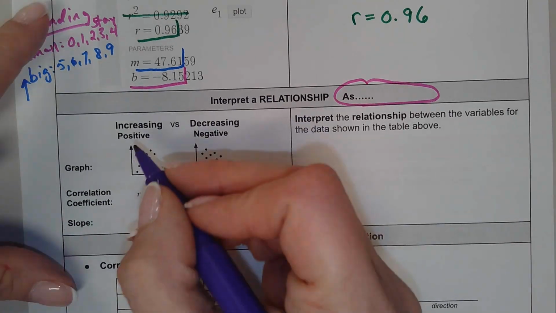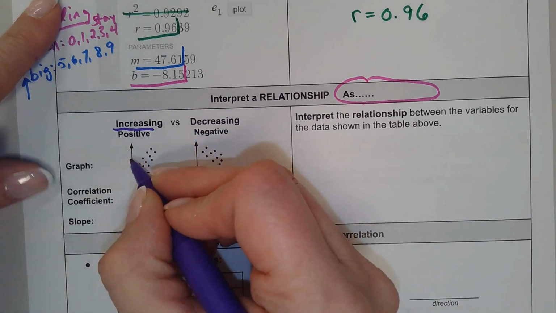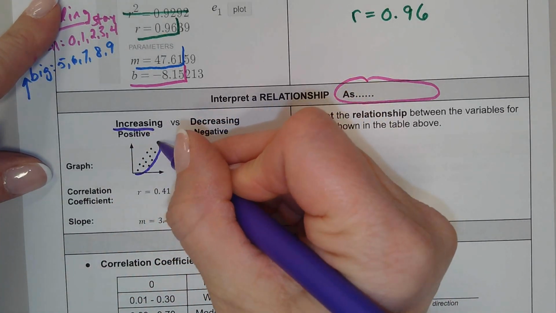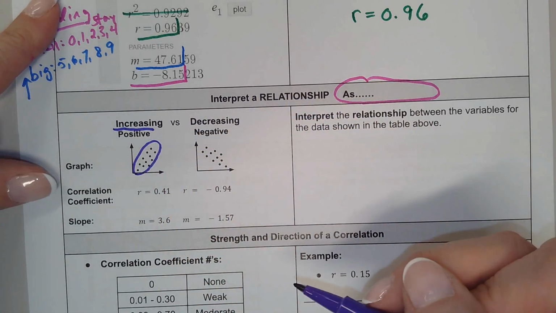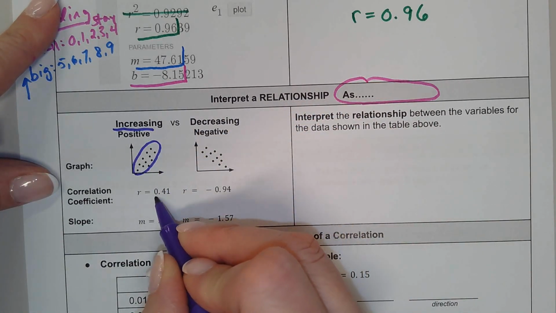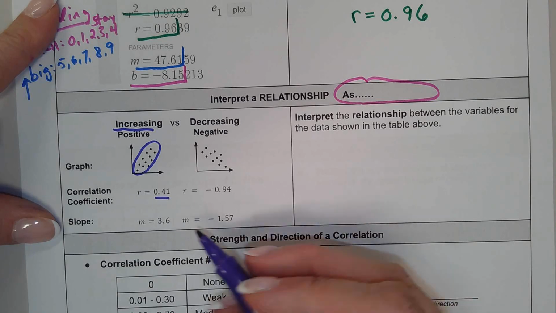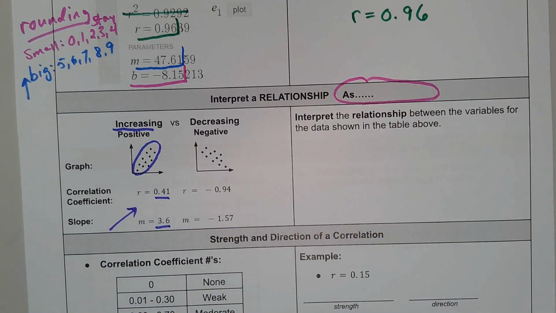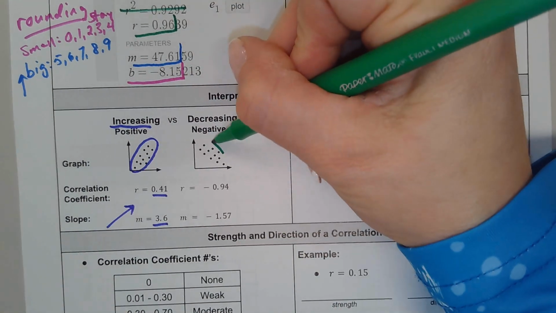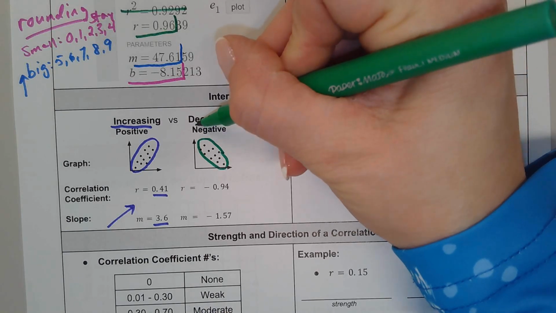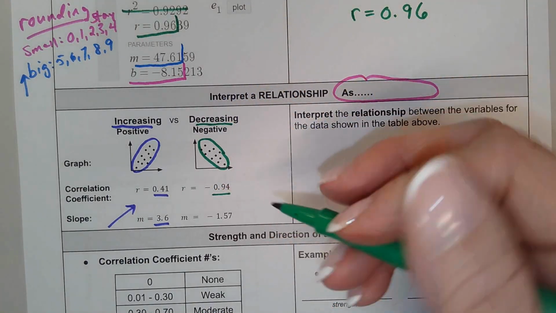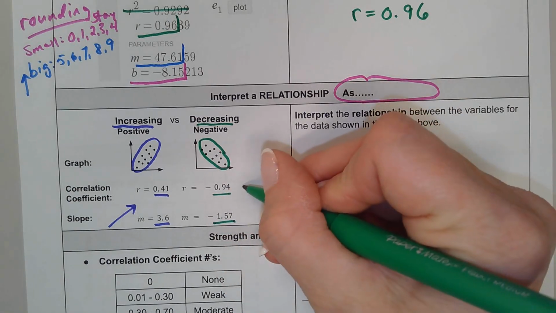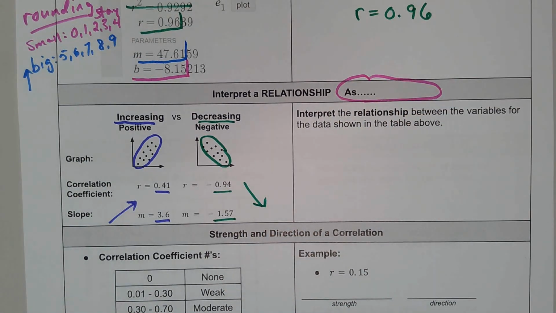Increasing means that the data is positive, the dots are going up, your correlation coefficient is positive, or the slope of the line is positive. It will be decreasing if the dots are going negatively, if your correlation coefficient is negative, or the slope is negative, that means the line is going down.